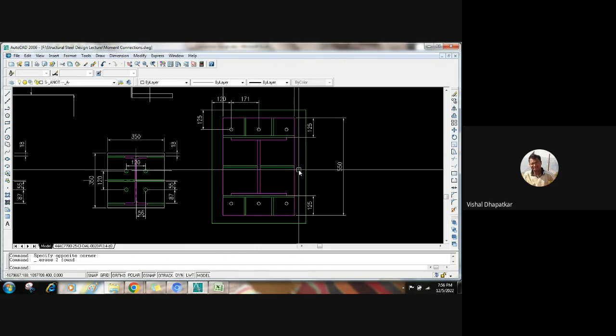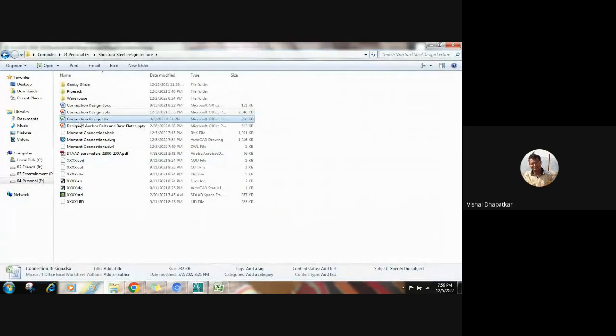Got it? Sir, in our example, we have given one support for the middle column, fixed butt type. No? So it will be this type of connection. In this direction we have bracing, right? I'll just open the stand.